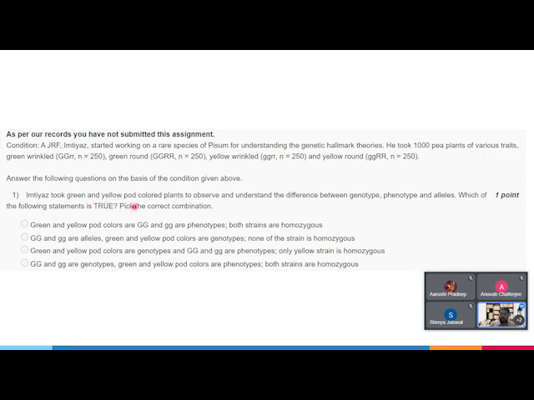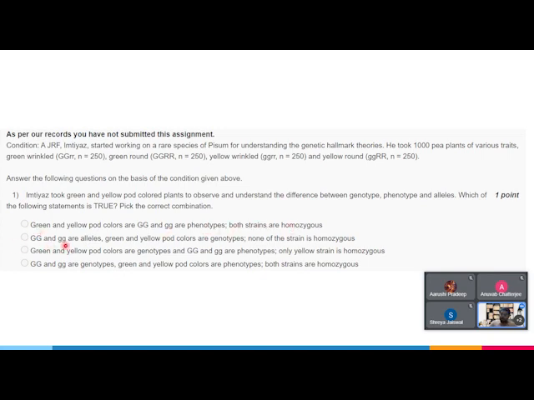Imtiaz took green and yellow pod colored plants to observe and understand the difference between genotype, phenotype, and alleles. Which of the following statements are true? Pick the correct combination. The options are: green and yellow pod colors are capital GG and small gg phenotypes, and both strains are homozygous.